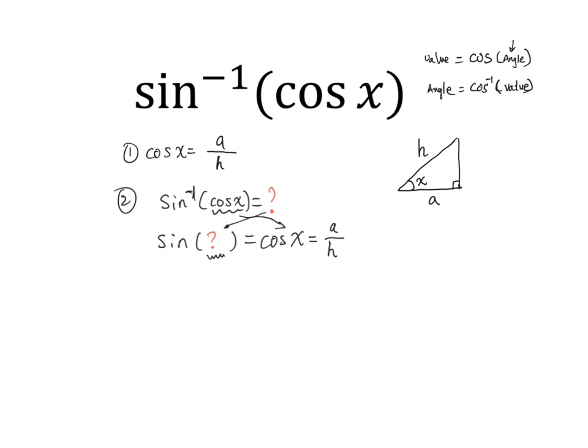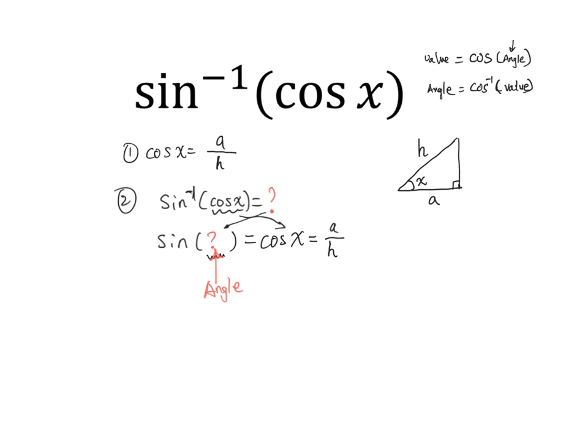So now time to take a look at your graph. Now in this graph, sine of what angle? This is supposed to be an angle. I know this is an angle, okay? Sine of what angle? So you have these three angles. Sine of which angle is equal to A over H?